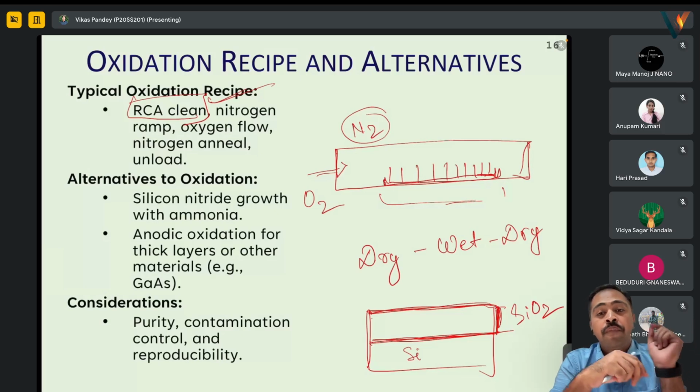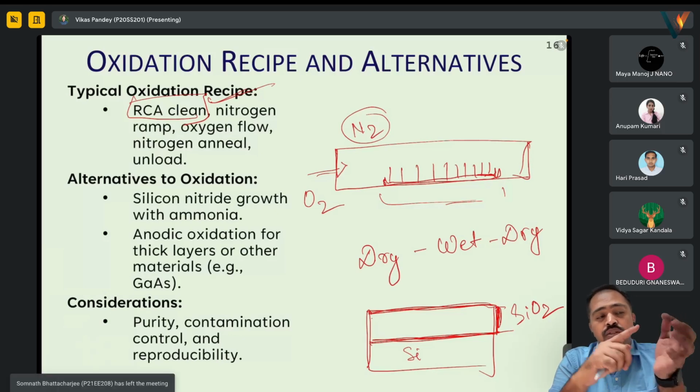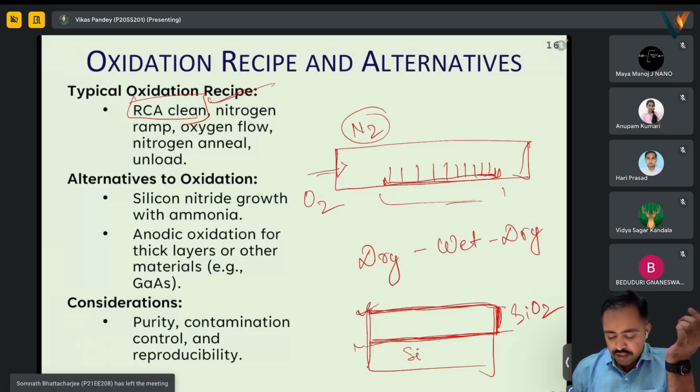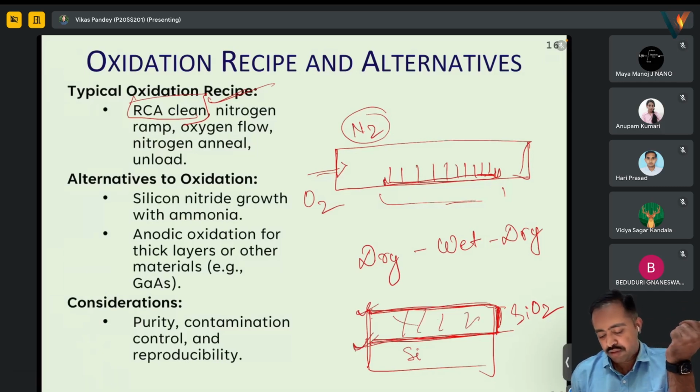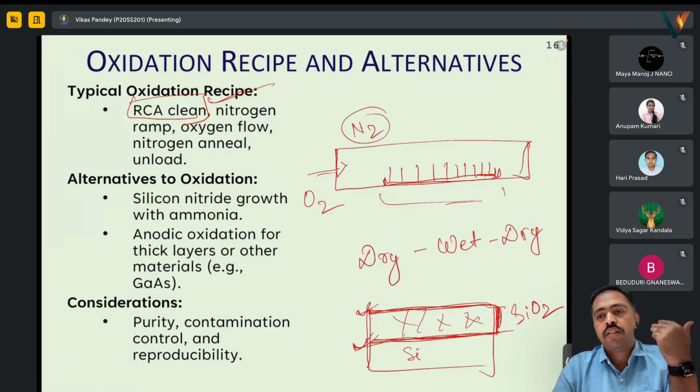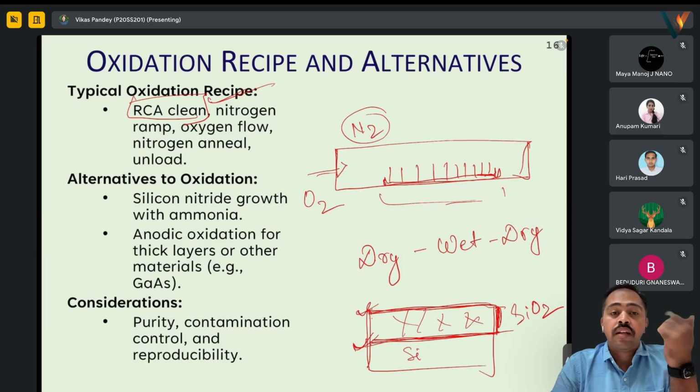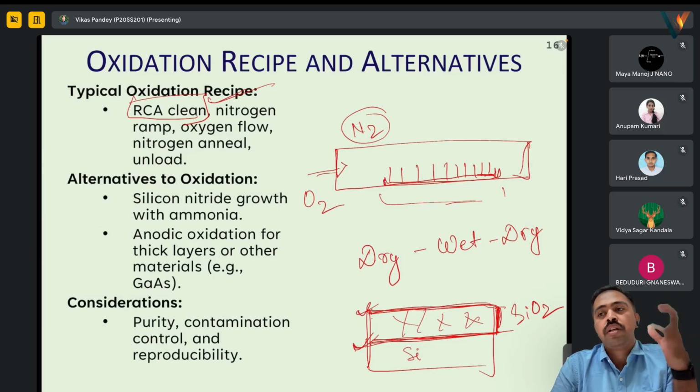So in general, dry, wet, dry is used. The top layer and bottom layer are made with dry oxidation, and in between we use wet oxidation, which is a faster process.